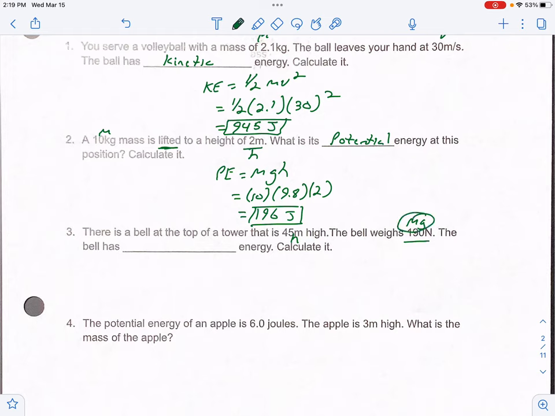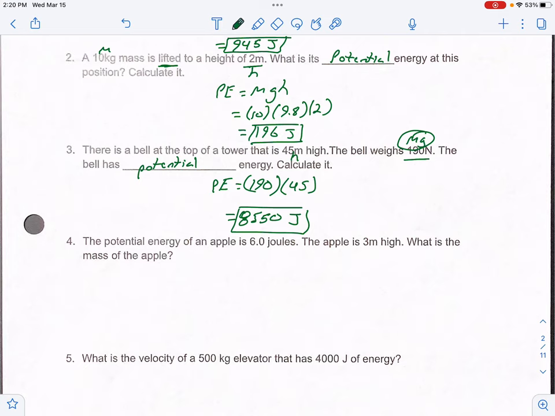So if I'm dealing with mass and height, this is potential energy again. Potential energy equals mass times gravity, which I already know is 190, times my height, which is 45. That comes out to be 8,550 joules.